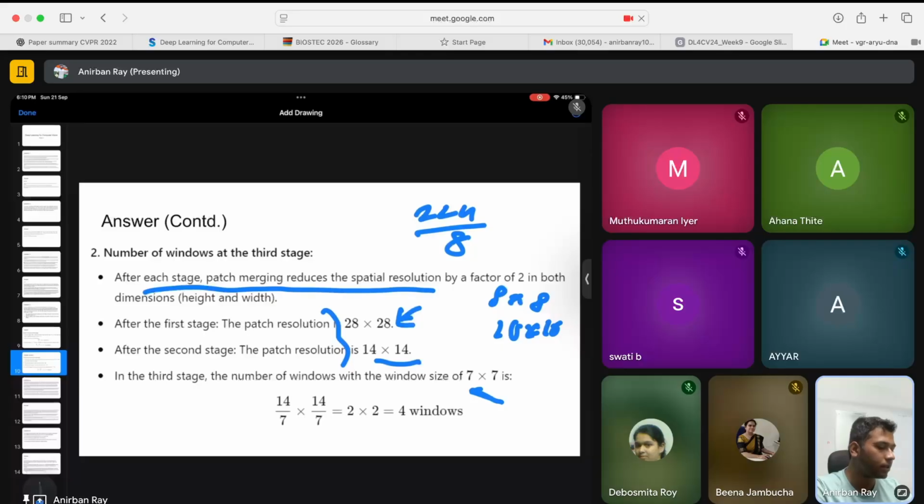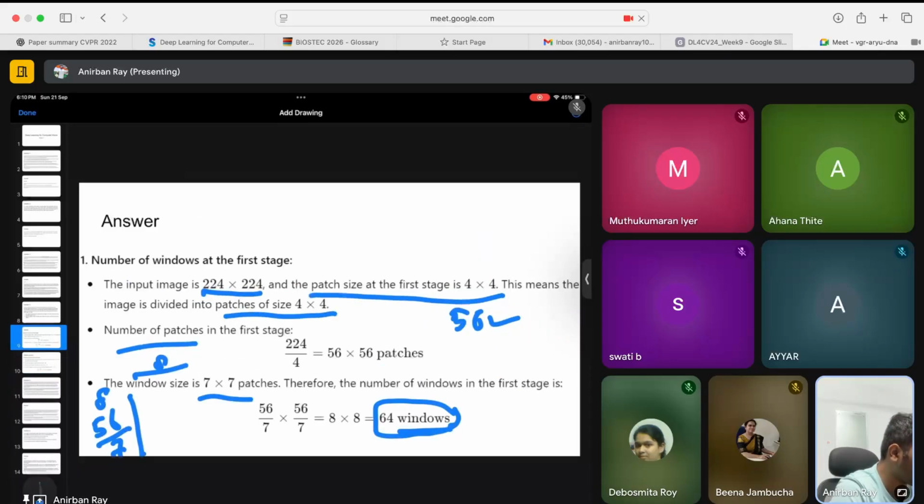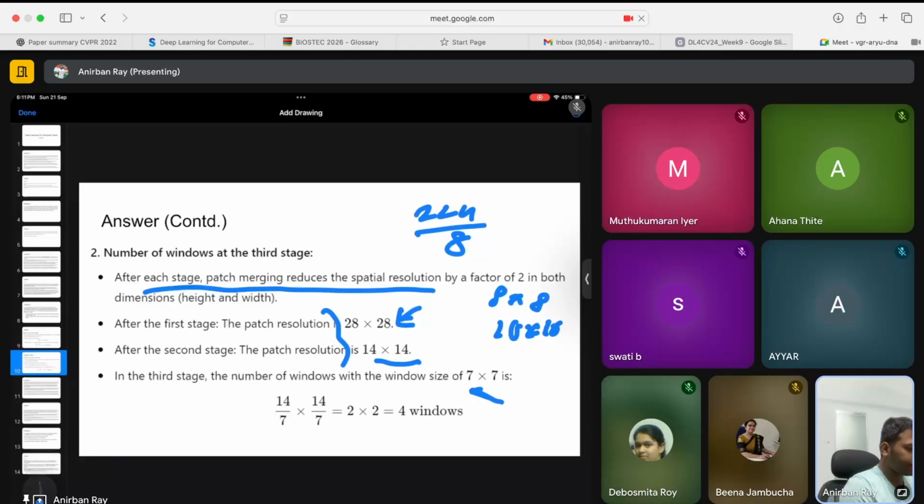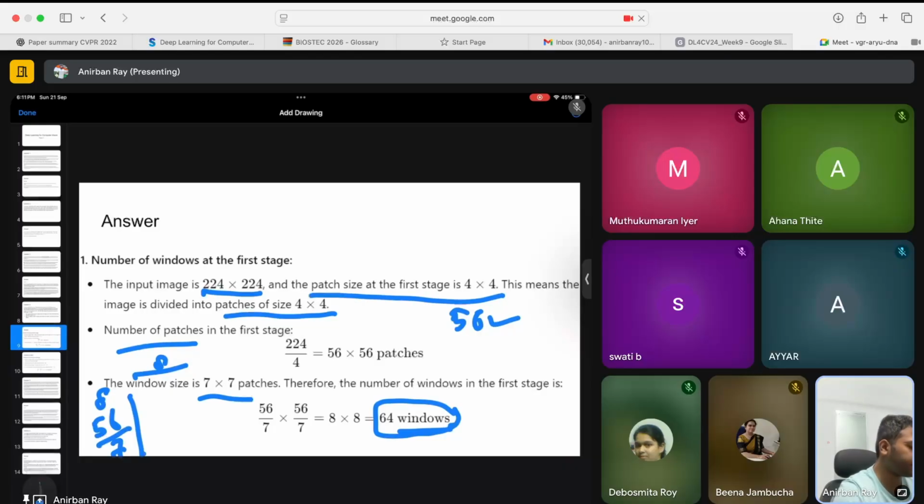When you divide this, if you do this calculation again, so what you have is... okay. So what they do is, let's see to that.